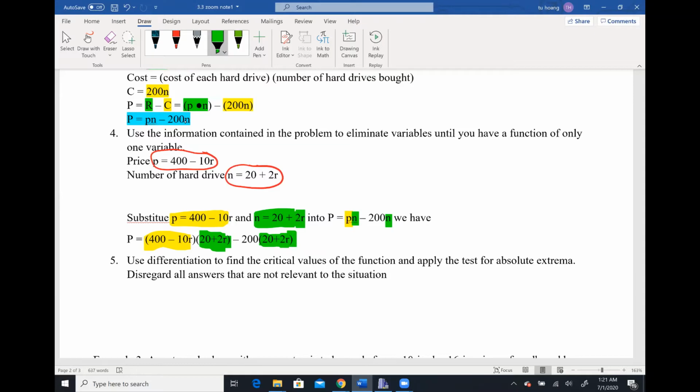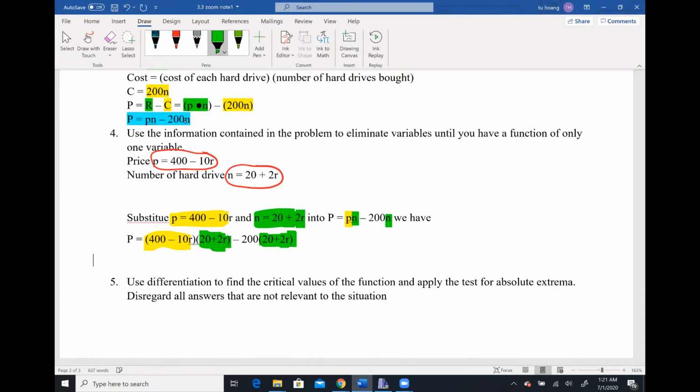So see that? Now maybe I have to do distribution for this. First one is going to be 400 times 20, which is 8,000.